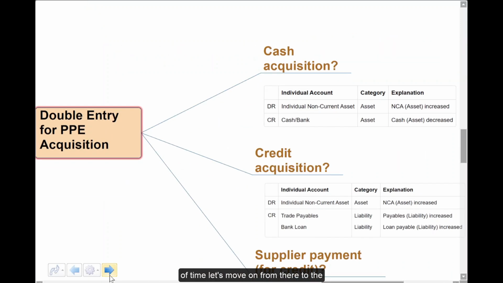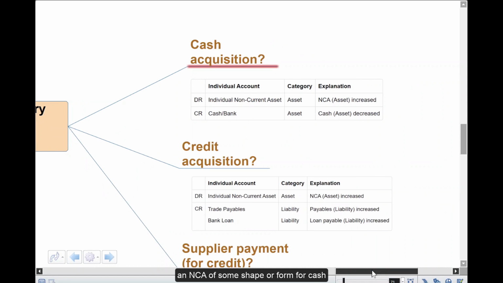Let's move on from there to the double entry. Again, as I've said, double entry is important for us. These aren't complicated for me. Let's look at cash acquisition. So we're purchasing an NCA of some shape or form for cash. Obviously, when we talk about cash, we're really saying from the bank account. Given that these are fairly large items, I wouldn't purchase a building with cash from my pocket.